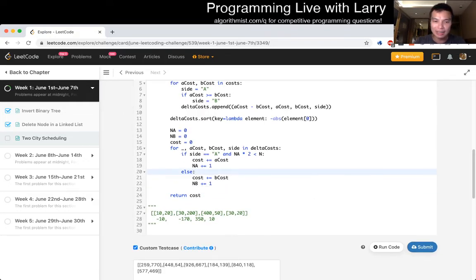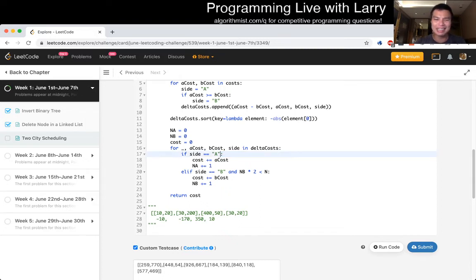So let's change that. So else if side is equal to B, and I just do it the dumb way, because I think you could probably phrase this a little bit better, but I'm just trying to figure out how to write this in a way that is clear without being a lot of redundancy.